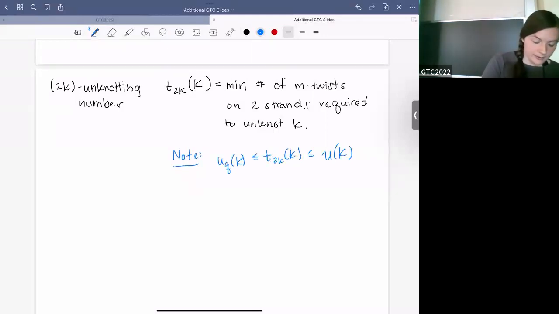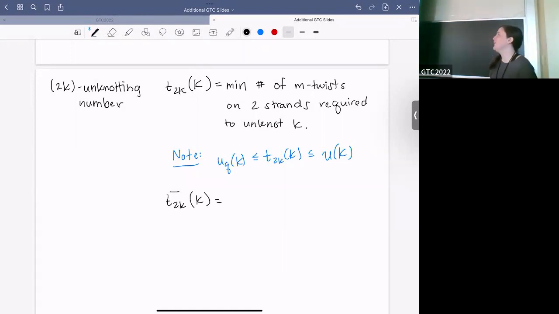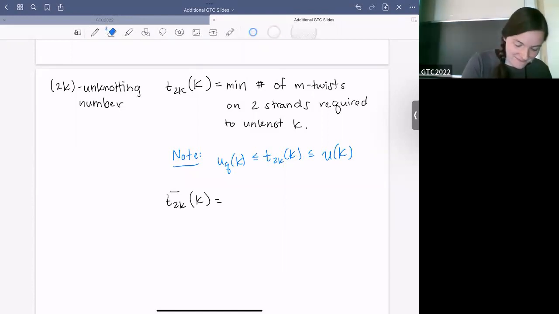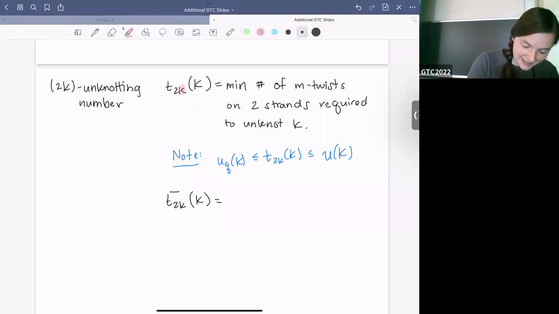Okay, so that's one invariant, and this is in here for reasons that are not clear, but there is a null-homologous version. So I'm just going to put a bar over the T2K. Oh no, sorry. The question is, should I think of this K as the same as the knot K? No, that's a number.